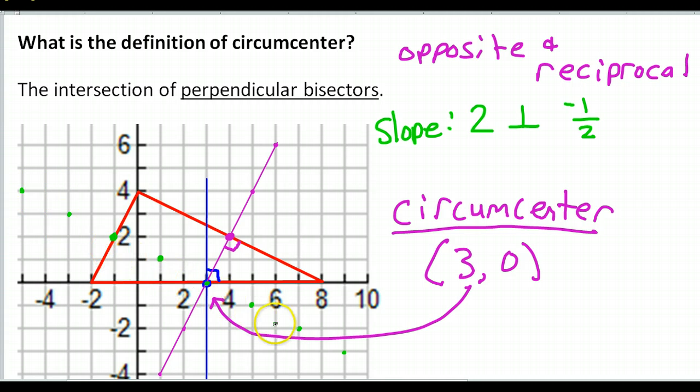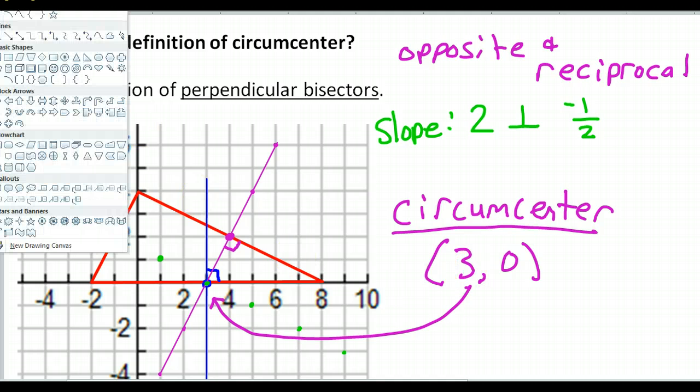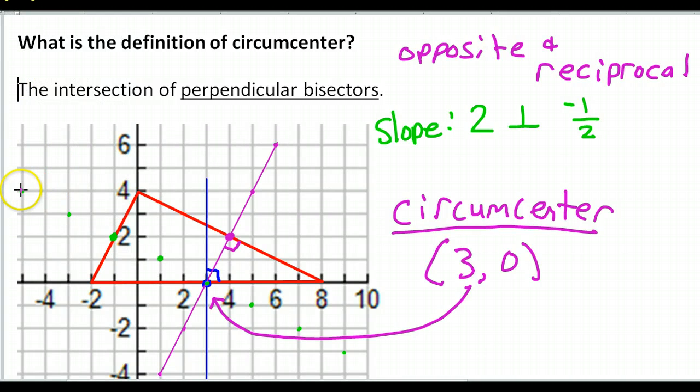So you see these green dots are showing me where my new perpendicular bisector will be, my third perpendicular bisector. Once again, of course, it's still hitting the same point. The circumcenter is 3, 0. I just wanted to show you one more time how to draw a perpendicular bisector. I'm going to go ahead and draw it in.